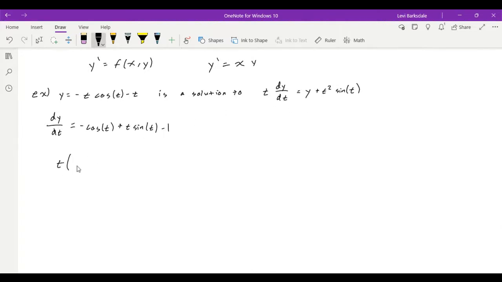So t times dy dt is equal to y plus t squared sine of t.